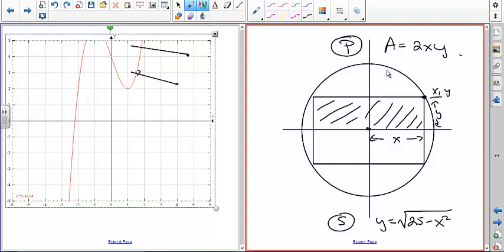And you can see the 2 really doesn't make any difference in the long run, because if you maximize the area of the smaller rectangle, the x times y rectangle, you maximize the area of the entire rectangle. So the 2 will end up, when you take the derivative, will be irrelevant. But go ahead and leave it in there for right now.